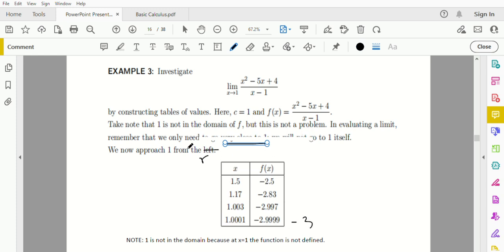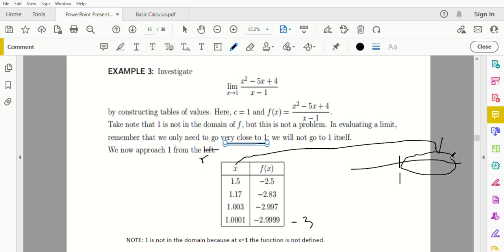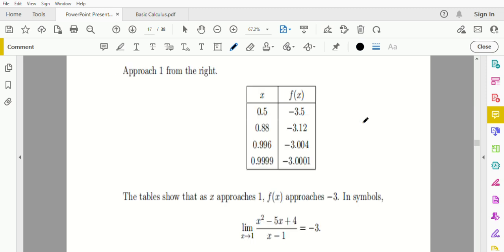It approaches from the right because 1.5, 1.17, 1.003, 1.0001 are to the right of 1. Take note, if we have 1 here, these x's are here. So x approaches from the right.